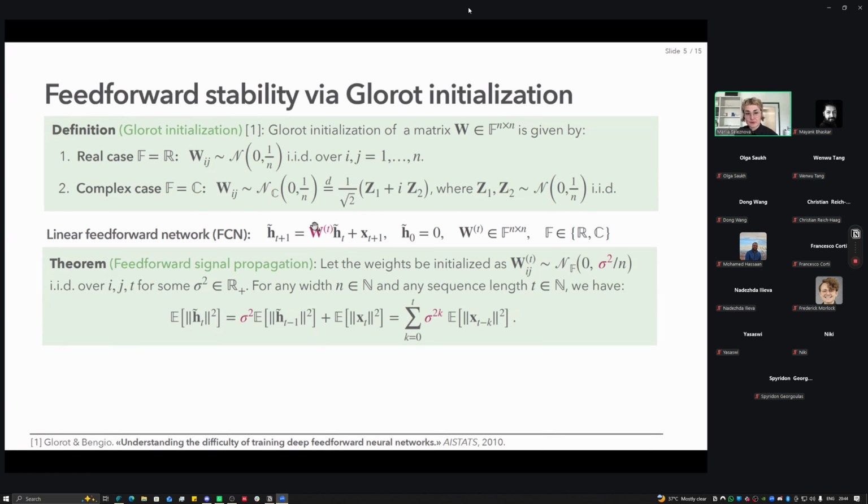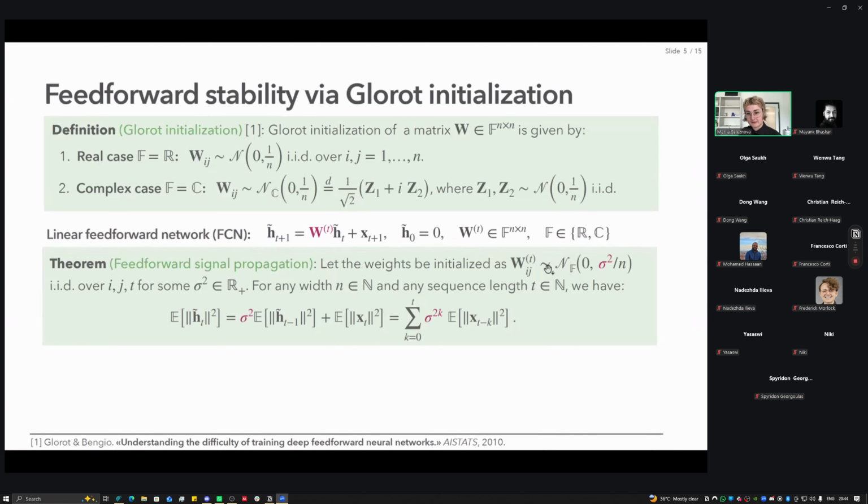So since in feedforward networks, the matrix W_t at every time step t is independent from everything that the hidden state has seen before, it's very easy to figure out how the signal propagation, or at least the norms of the hidden states, behave in such feedforward models.